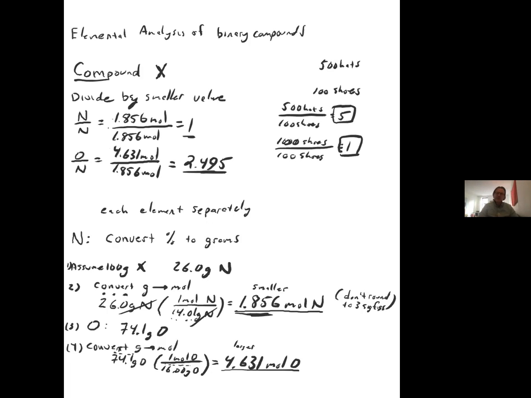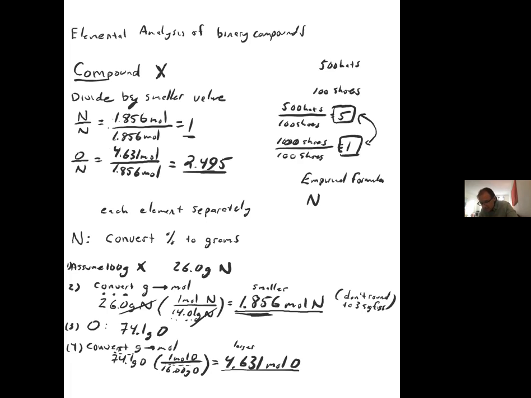What that would tell me is that for every shoe, I have 5 hats, right? 500 to 100 is the same as 5 to 1. So really all I'm doing is making the number smaller to get a ratio. The reason for this is that the empirical formula is the smallest ratio.